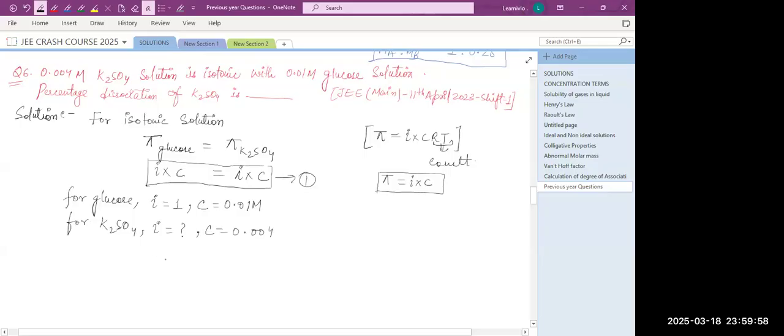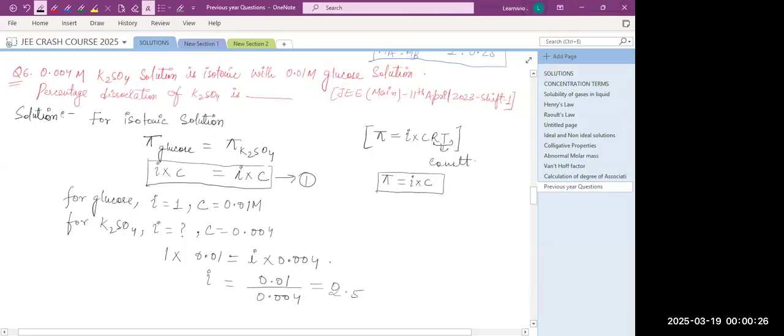So we get 1 into 0.01 equals i into 0.004. From here you can calculate the value of i, which is 0.01 upon 0.004, which is 2.5.